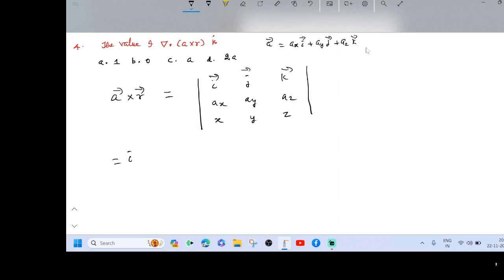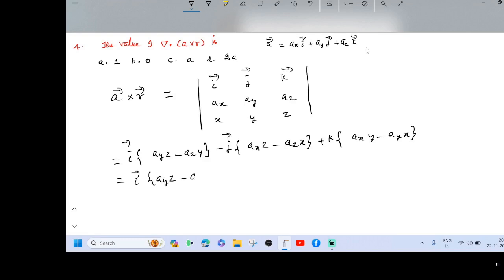This is equal to i into (Ay z minus Az y) minus j into (Ax z minus Az x) plus k into (Ax y minus Ay x), which is equal to i into (Ay z minus Az y) plus j into (Az x minus Ax z) plus k into (Ax y minus Ay x).